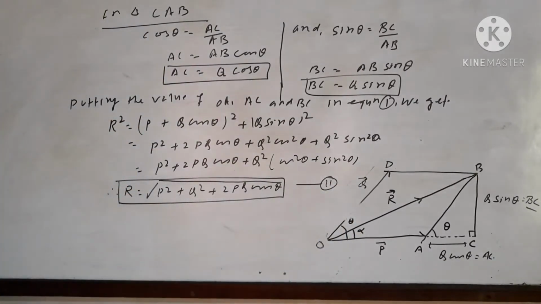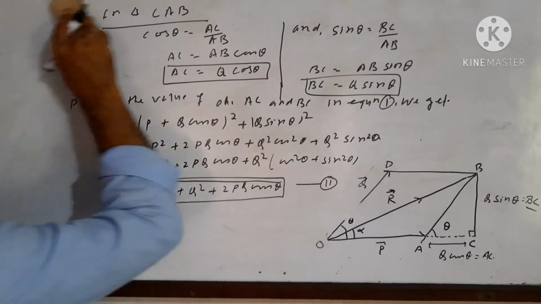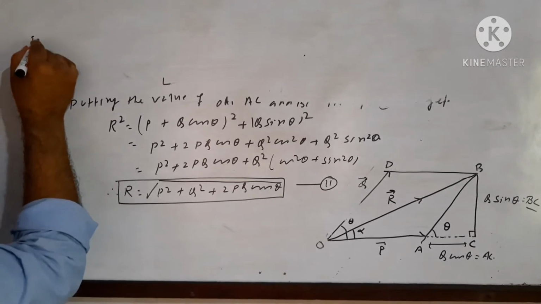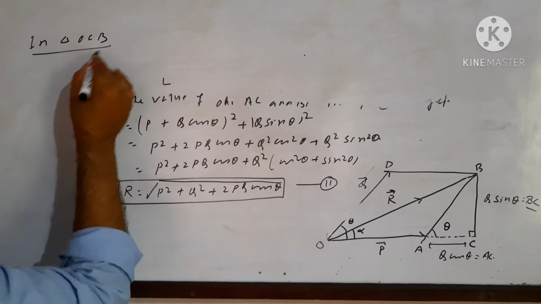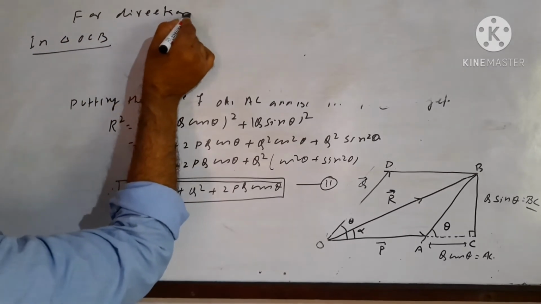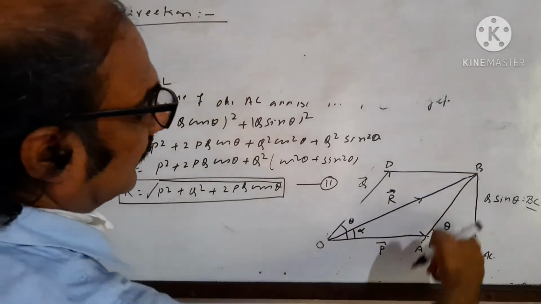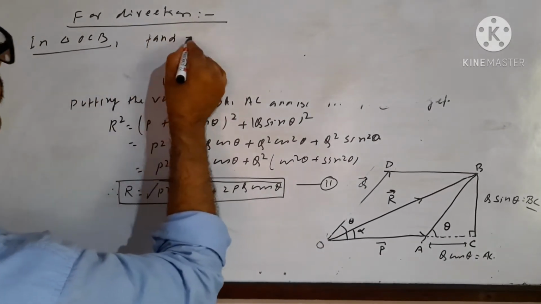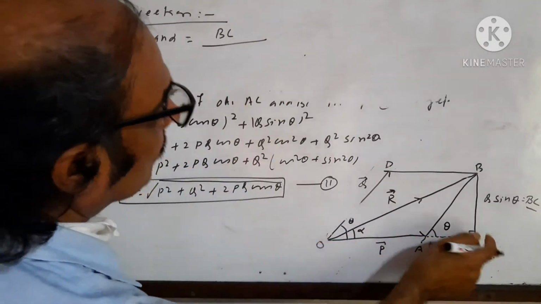And to find the direction, alpha, in triangle OCB, tan alpha equals BC by OC.